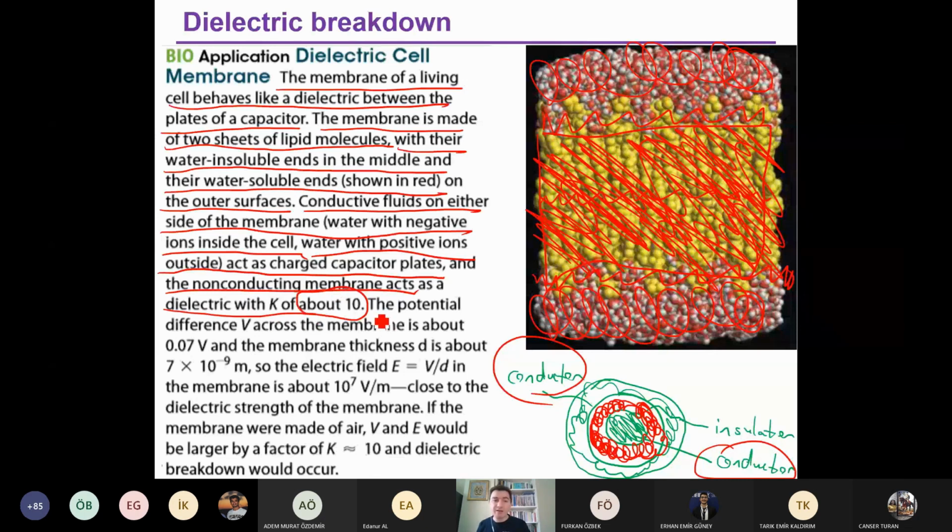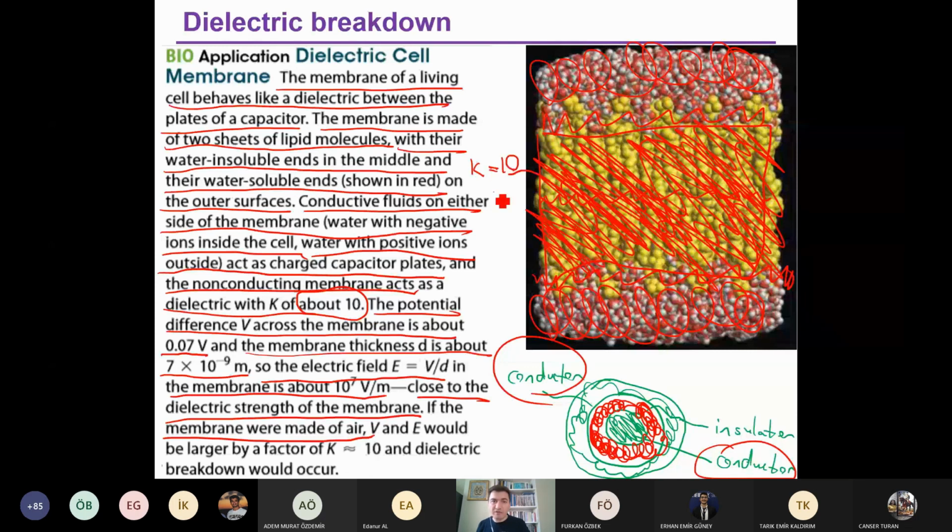So the electric field E = V/d in the membrane is about 27 volt per meter, close to the dielectric strength of the membrane. If the membrane were made of air, so now we have K equal to 10, then K would be around 1.